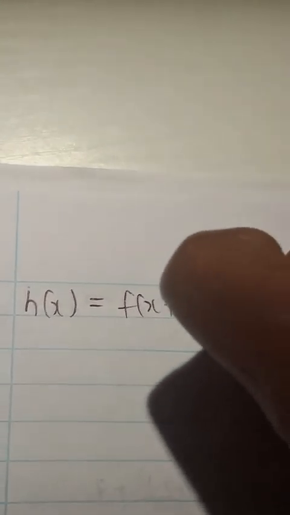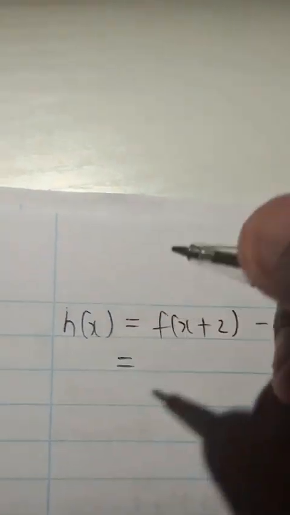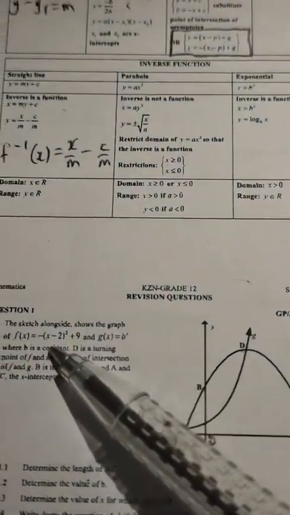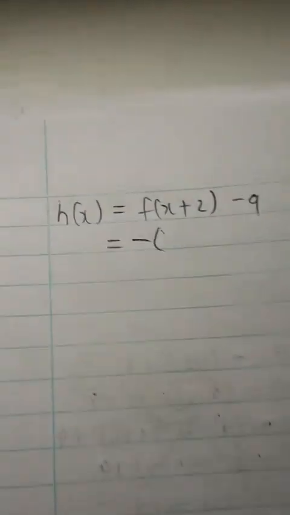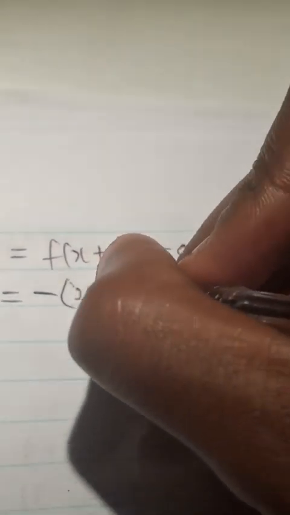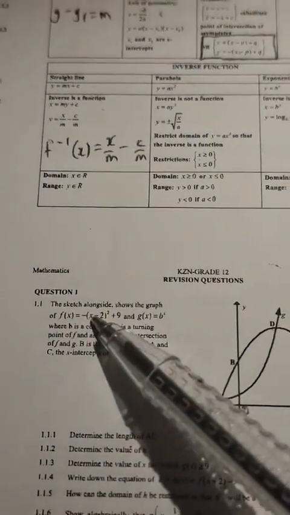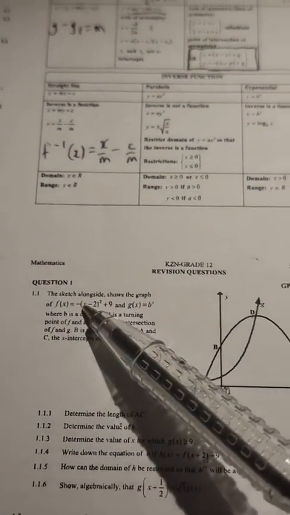h of x is equal to f of x plus 2 minus 9. Let's go to that f. That f of x function, here it is. It's negative, x minus 2 squared, plus 9. Now in that place of x, we are going to say x plus 2. But remember, we are placing in the place of x the x plus 2.